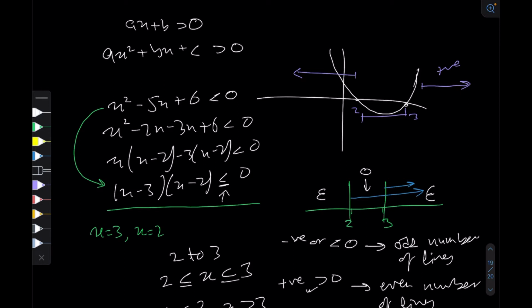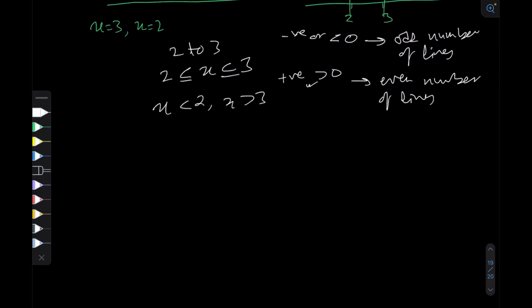I will talk to you about why this method makes sense in a bit, but before that, I want to give another example. Let's say I now have the quadratic minus x squared plus 3x minus 2 is greater than 0. The reason I am doing this case is because over here my coefficient of x squared is negative, and whenever the coefficient of x squared is negative, you first make it positive.